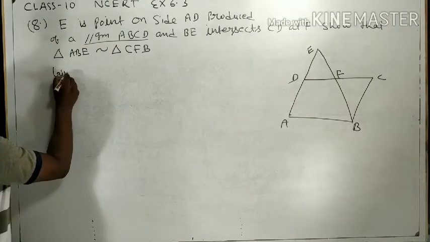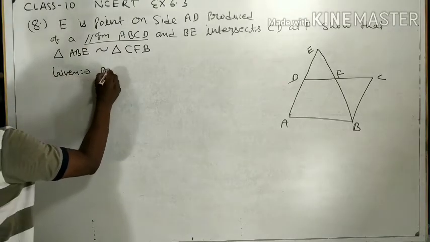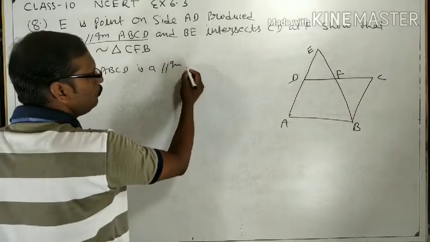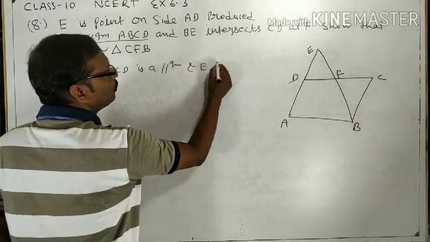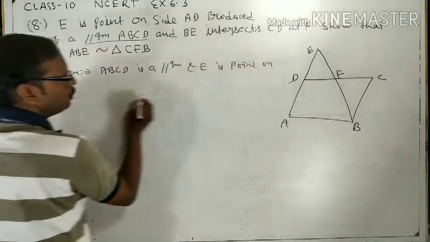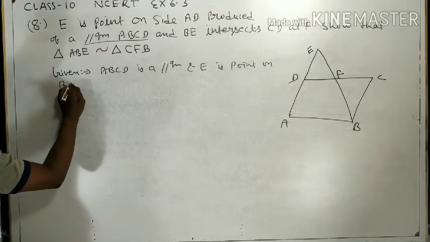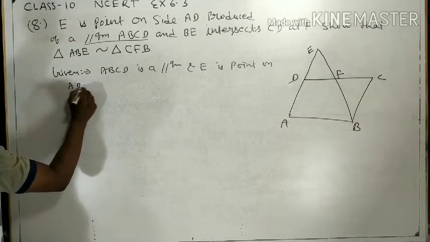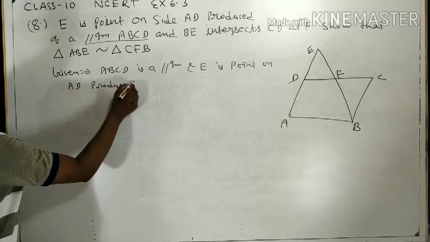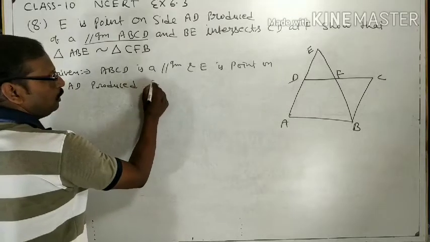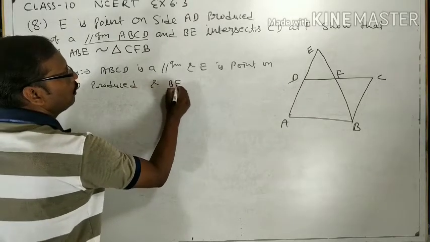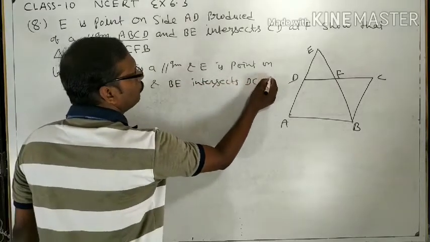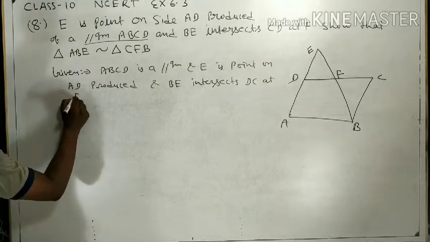Given: ABCD is a parallelogram, E is a point on AD produced, and BE intersects DC at F. You can write it from the question.